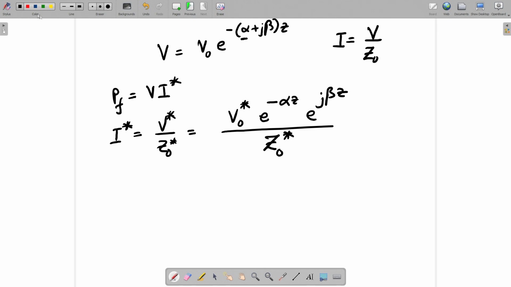Note the change in sign of e to the power j beta z.